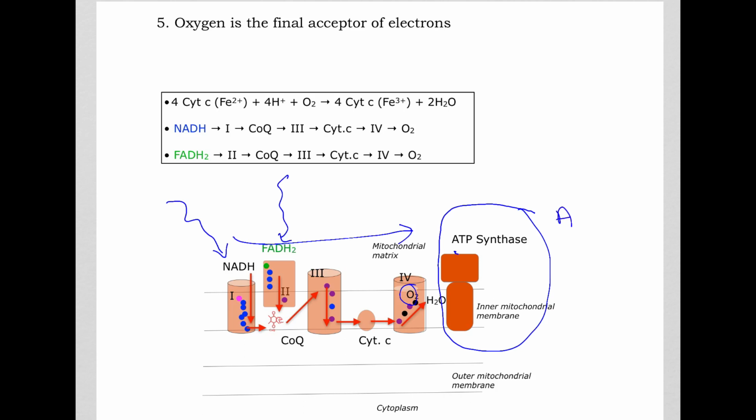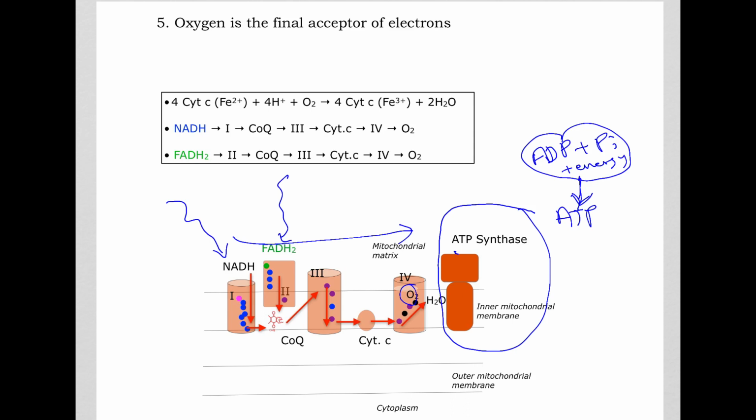How do we make ATP? That means, how will we take ADP and Pi and make ATP, because this reaction needs a lot of energy. We need a lot of energy for this.